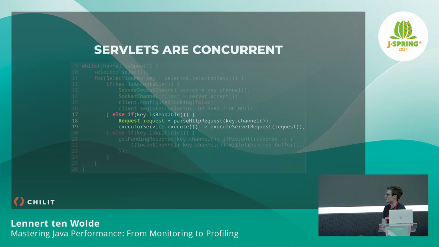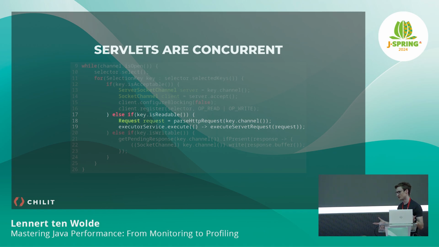And then it's going to say, hey, one of my clients is ready to read the data from. It's going to do that. It's going to parse the HTTP data. And then it's going to do something like this. It's going to execute a task asynchronously where your code is going to run.